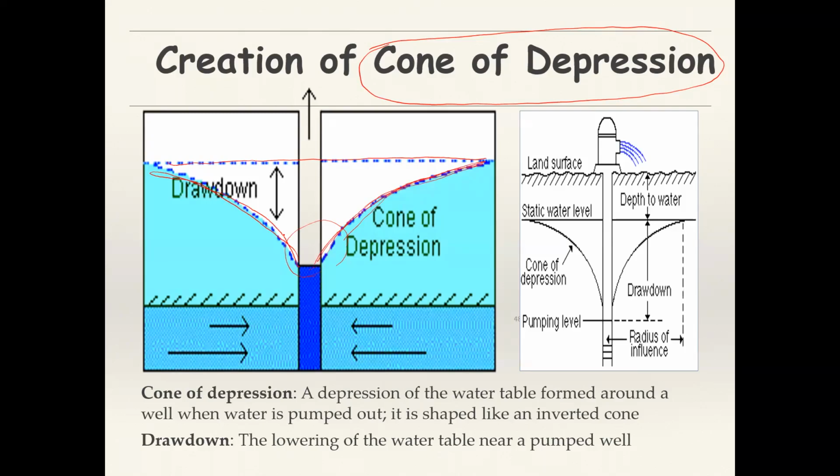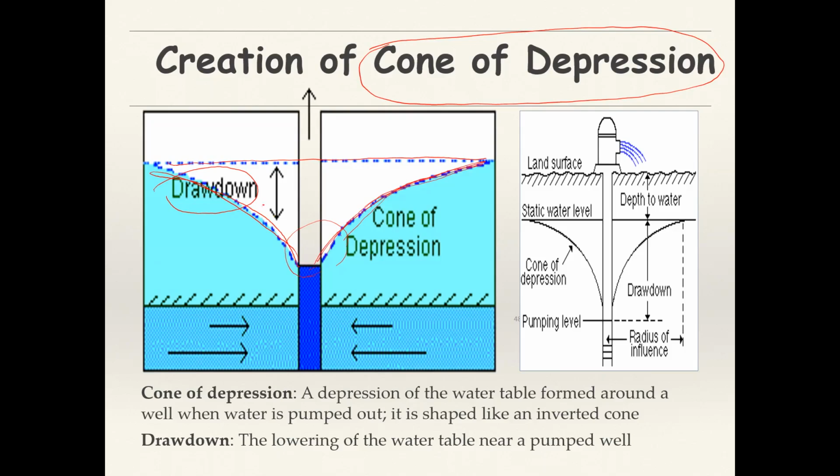Cone of depression, right? So the drawdown is defined as the water level difference between the original groundwater table or the original piezometric level and the current one, since you started pumping water out.